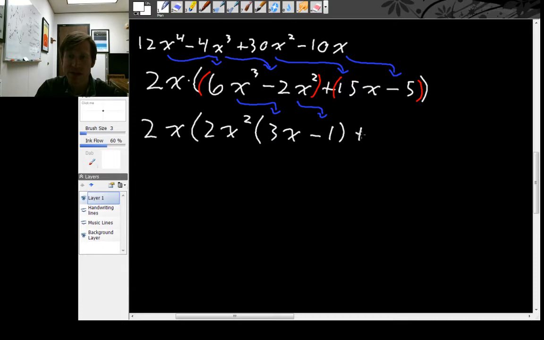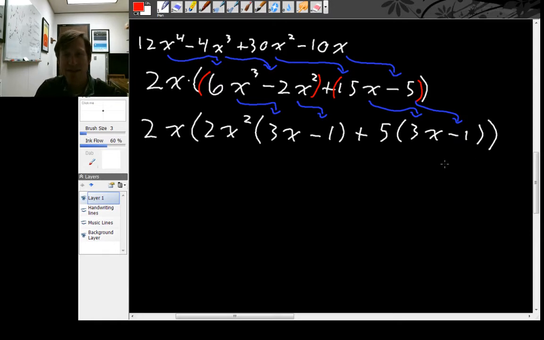Okay, plus. Now we can look for a common factor in this second set of red parentheses. It looks like the common factor there is 5. And then figure out what's left over after you factor out 5. From this first part, we have 3x left over. And then from the second part, minus 1.